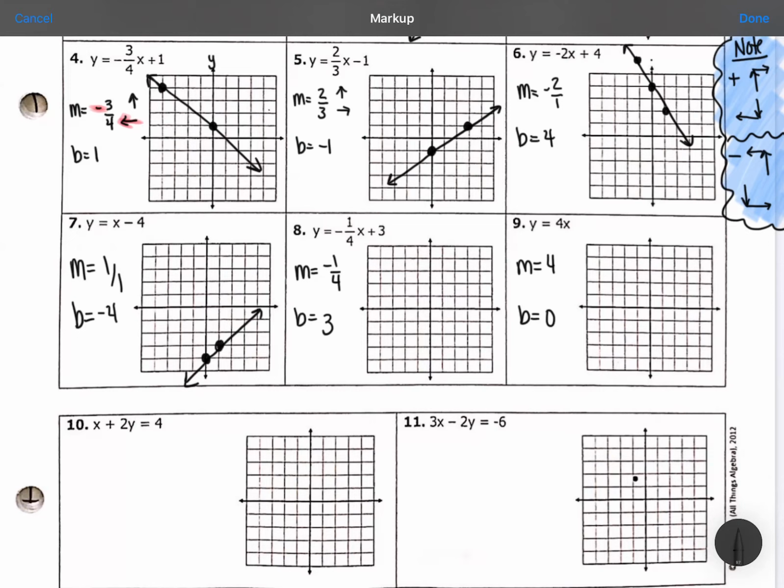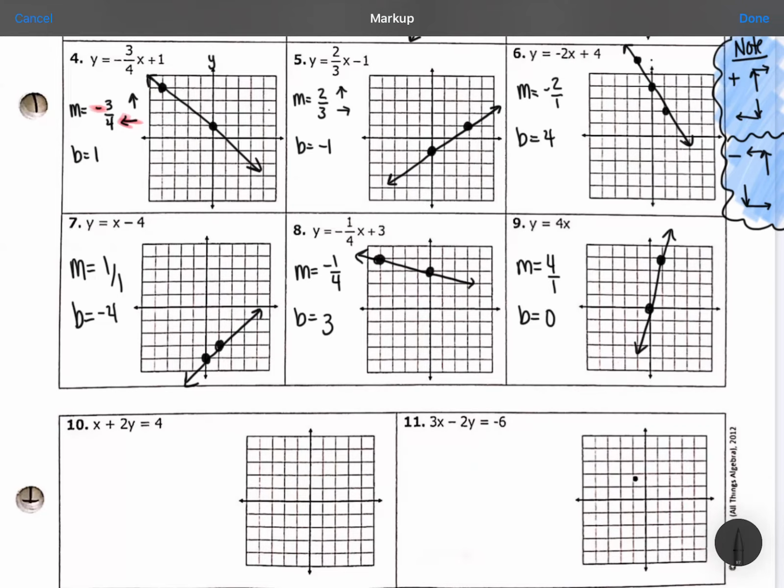So hopefully you are checking your work and not just copying my paper. So I'm just graphing these quickly, not explaining them because you're just checking your work. So how did you do?